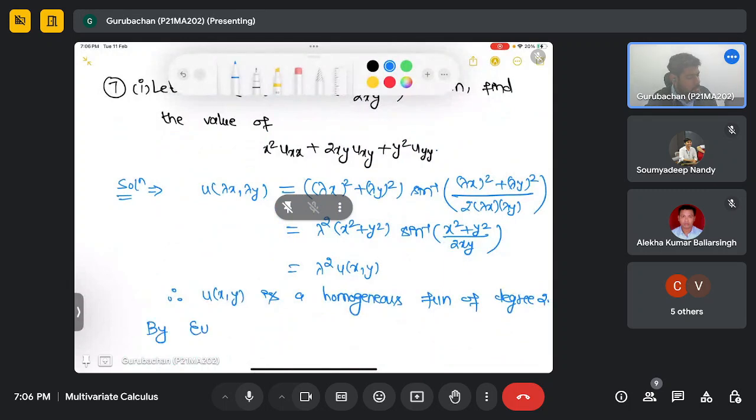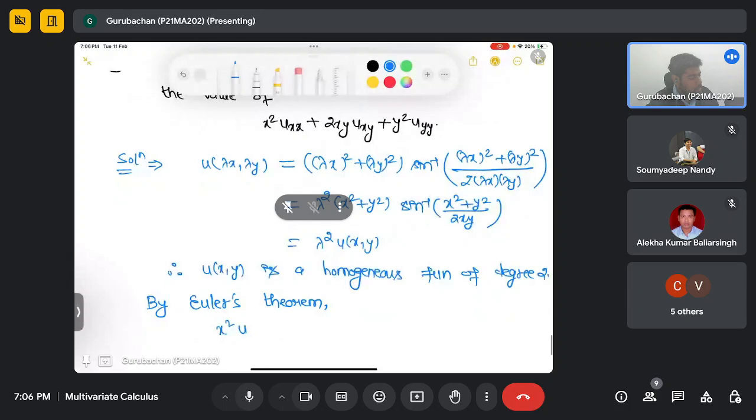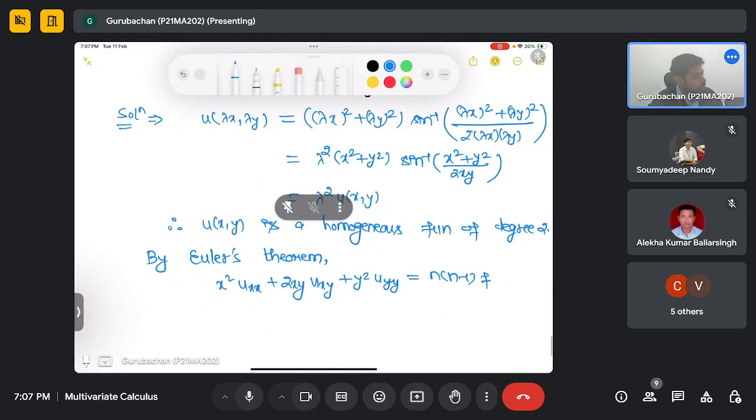So by Euler's theorem, we can say that x square uxx plus 2xy uxy plus y square uyy will have the value n into n minus 1 into f. Here the value of n is 2, so it will be 2 into 2 minus 1 into f, which will be equal to 2f. Or sorry, since we are here using u, we will use u. This will be 2u.